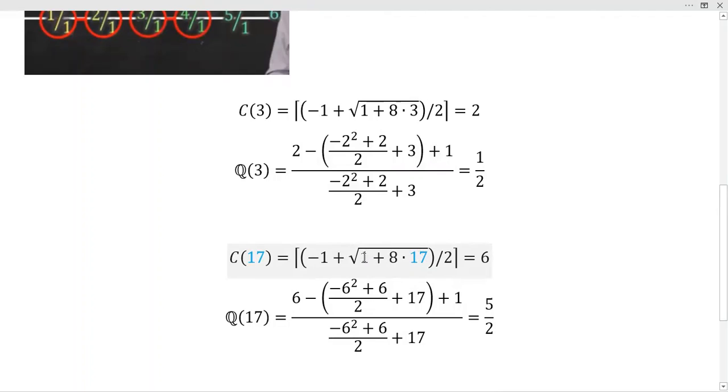So you get the square root of 137, which is a number between 11 and 12, because 12 squared would be 144. If you subtract 1 from that, you get a number between 10 and 11. If you divide that by 2, you get something around 5.5. But this is the ceiling function, so we elevate that to 6.